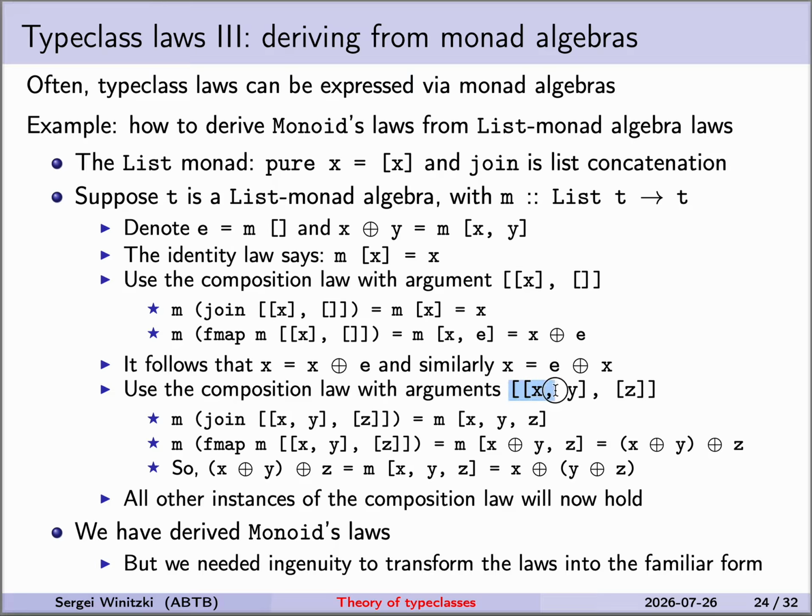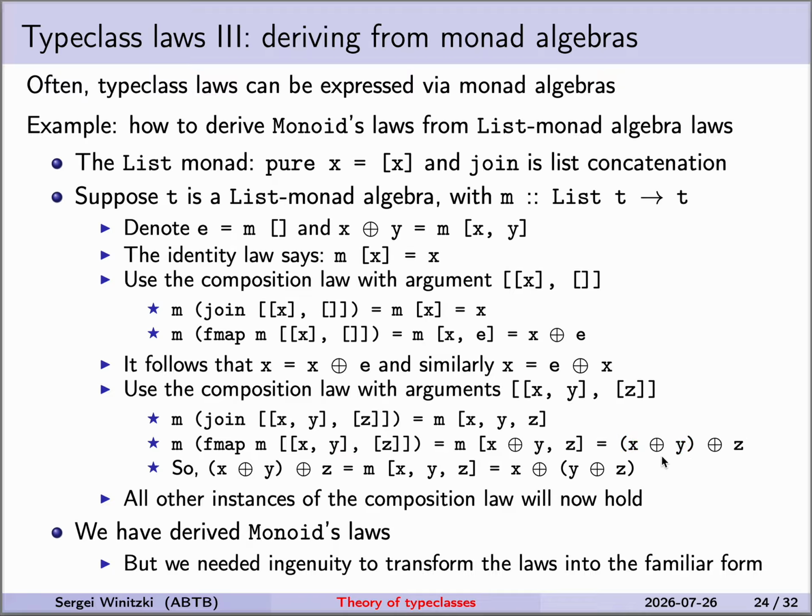Now let's try to apply it to this kind of argument, a list of lists with this form. We find that the left-hand side of the composition law gives us this. We don't know yet what that is, but we'll just keep it like this. Then the right-hand side of the composition law gives us this expression.